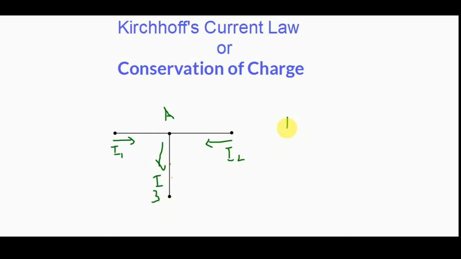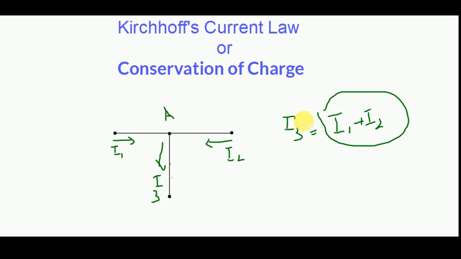So according to the KCL, I3 must be equal to I1 plus I2. We have one branch from where current is leaving and two branches from where current is entering. The sum of the currents entering the node must be equal to the sum of the currents leaving the node. This is the basic idea of Kirchhoff current law.